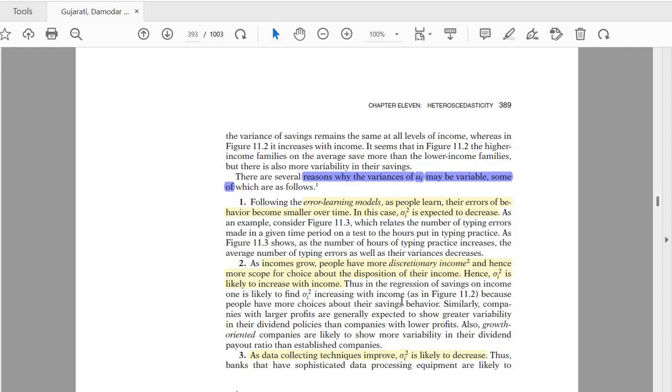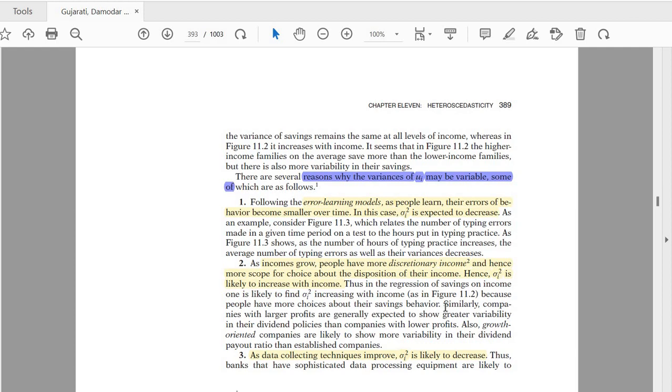Do you think the variation of consumption would remain the same across these income groups? That is, would the disparity of people consuming more than average or less than average for people earning 10,000 rupees be exactly the same as the pattern for people earning 1 lakh rupees? Of course there must be a difference, and if there is a difference, then the variability cannot remain the same, and variability will actually increase as income goes up.